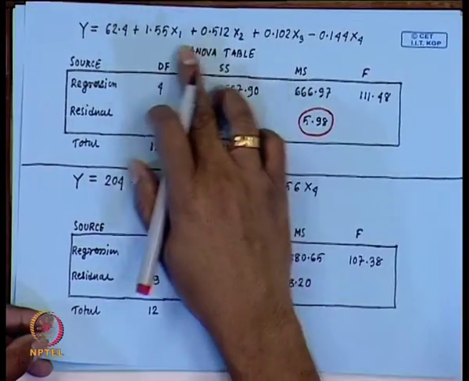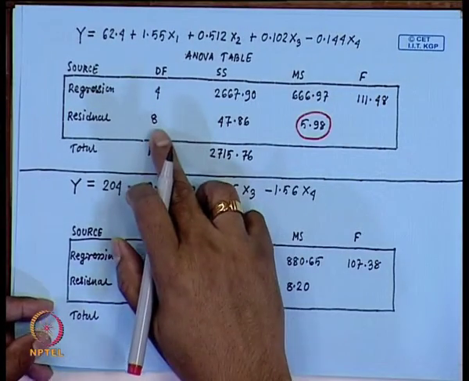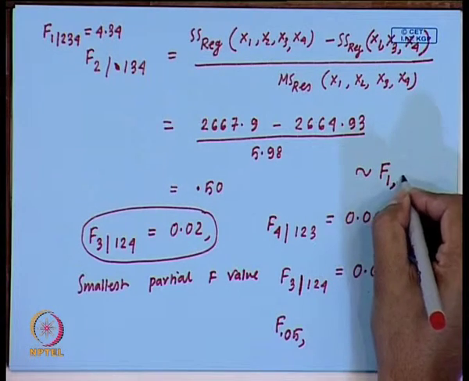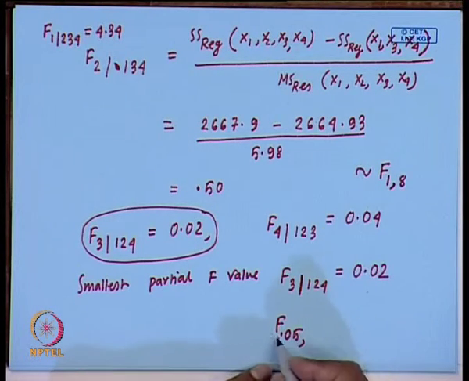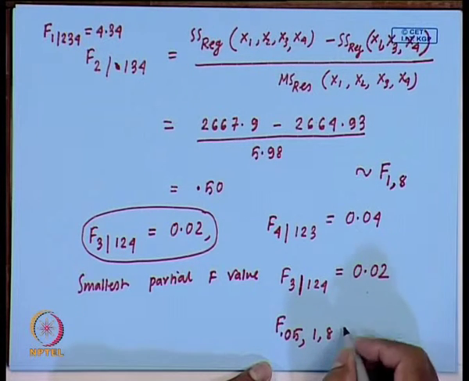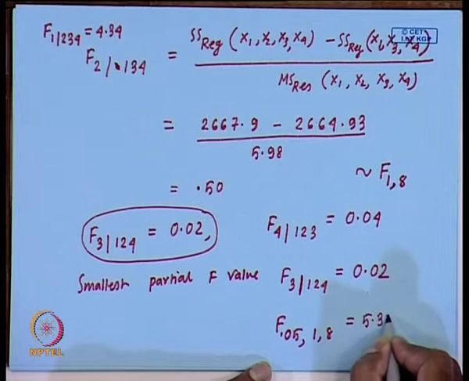For the full model, the error degree of freedom is 8. Okay. So, it follows F(1, 8). So, we will find the value of F 0.05, 1, 8, which is equal to 5.32.